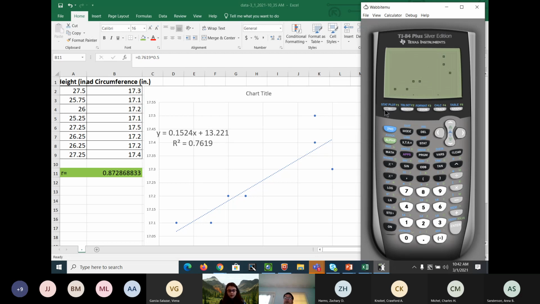Now I'm going to y equals, and I'm going to type in 0.1524 x plus 13.221 and graph. And there is the same thing that we get with the plot right there. Okay, so let's go to the handy dandy question.